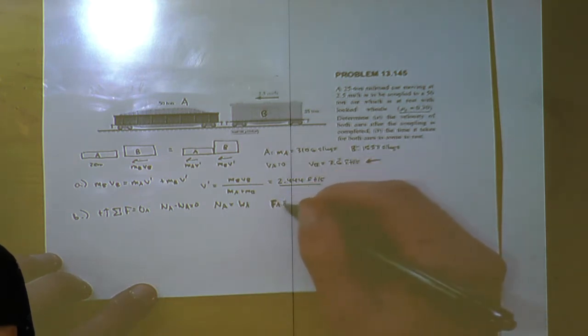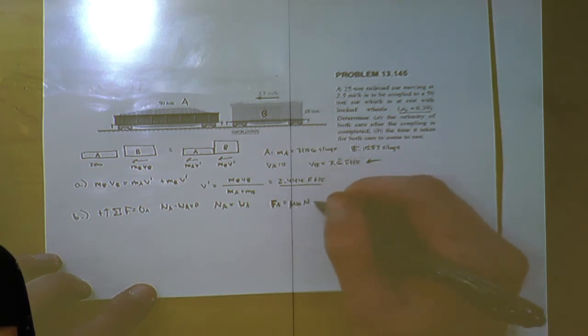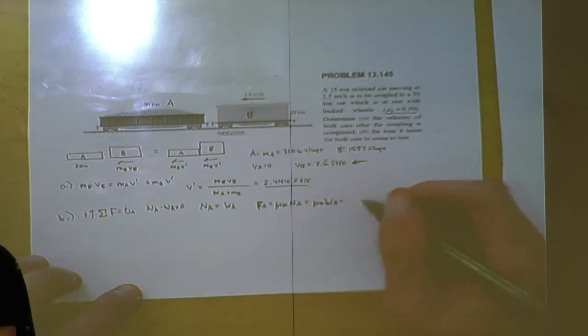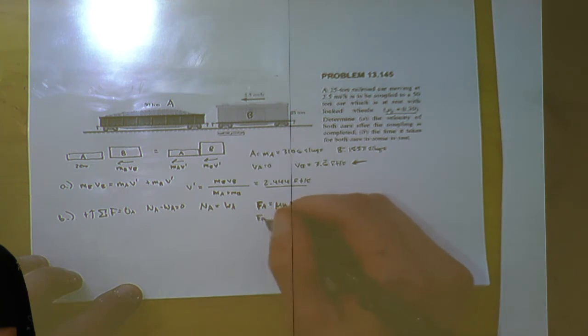So the friction force on A is going to be equal to the coefficient of static friction times the normal force on A, or coefficient of friction times the weight of A. And for B, it's going to be 0.